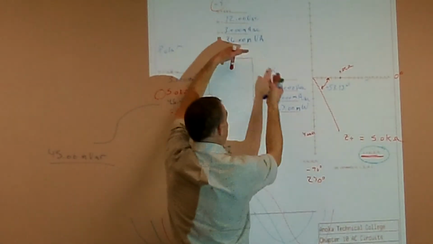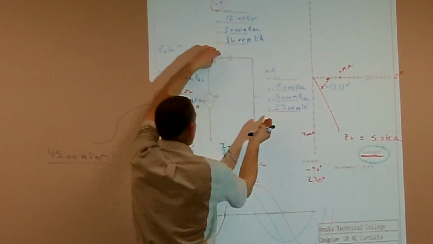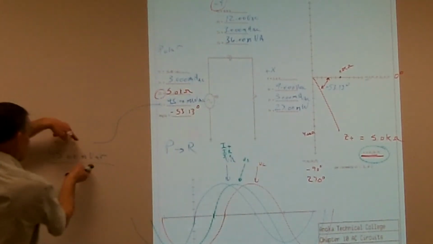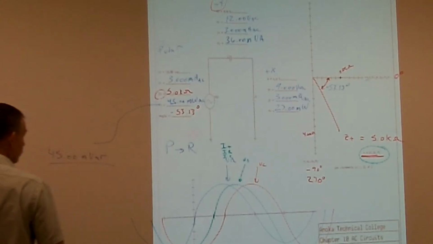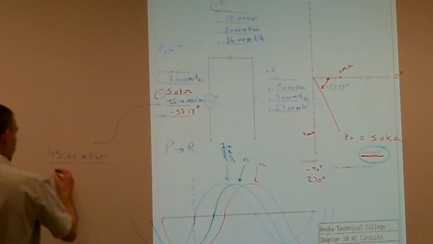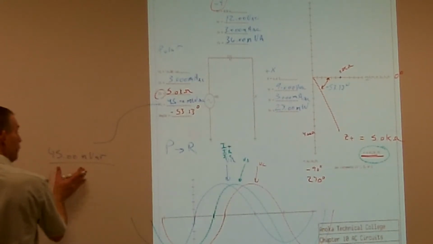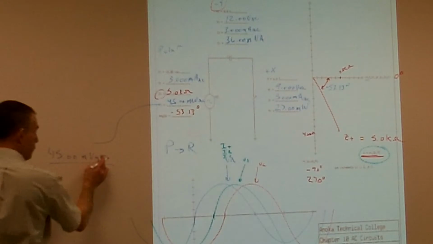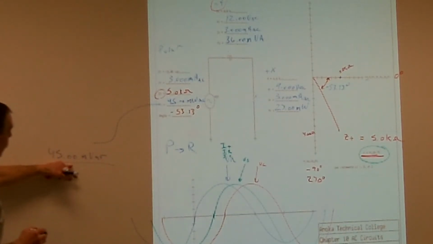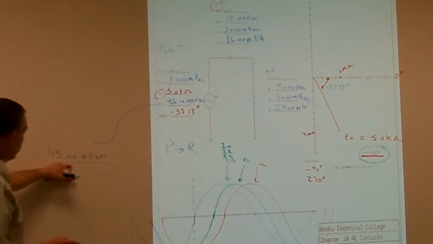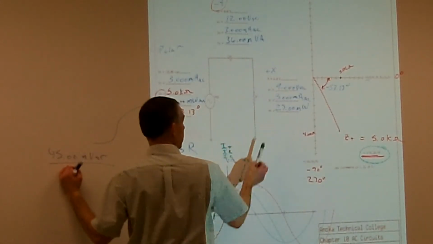When we combine true power with our reactive power, we get what is called our volt-amps. This is our apparent power. Our apparent power is about 45 milliVA. Only a portion of that 45 milliVA is actually giving us any true power, and that's coming off the resistor.